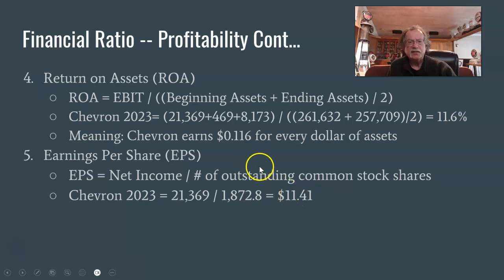Return on assets is used a lot. Again, it's earnings before interest and taxes divided by average assets. Earnings before interest and taxes is a proxy for what the company's raw assets are able to generate.